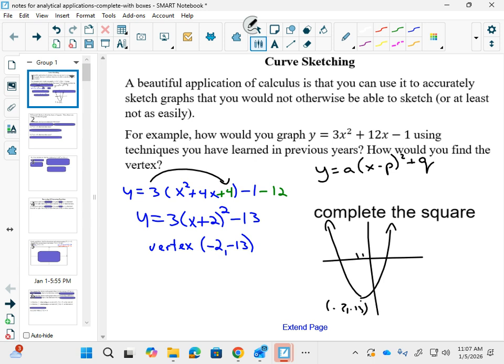And our question that we're going to work on is, how does the derivative help us find the vertex? Well, what is the derivative? The derivative is just the slope of a tangent line.